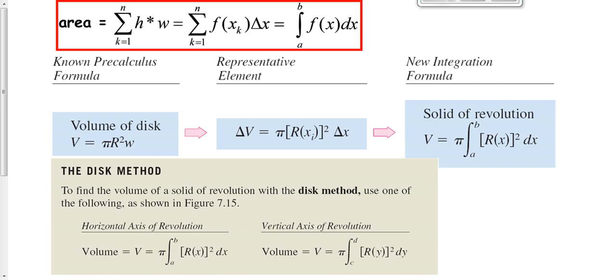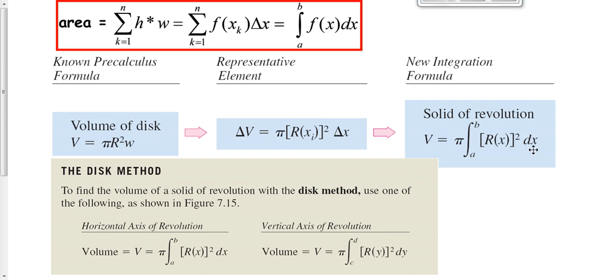To add up all those disks, we knew that it was this for our rectangles, height times width. So we're going to do that same type of thing down here, but we're dealing with the area of our circle times our width for the volume of a disk. And then we're going to do all those. So it's your radius squared, which is your function, times your dx, all times pi.